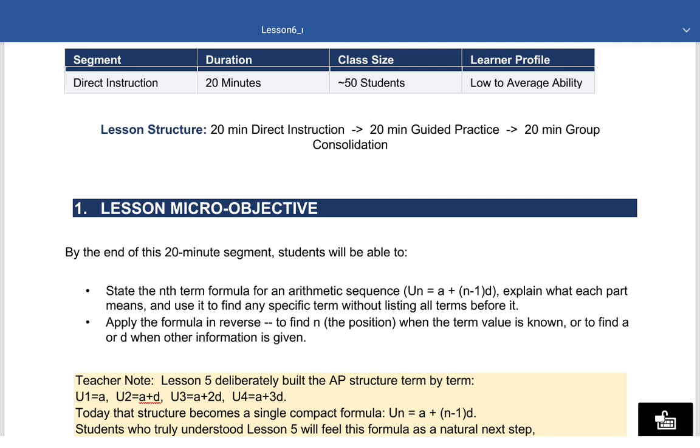Practice these ones. These are just methods to help you do the work faster and easier.